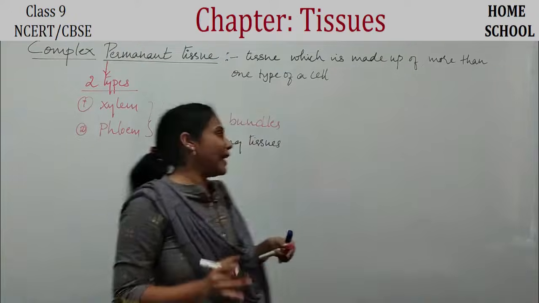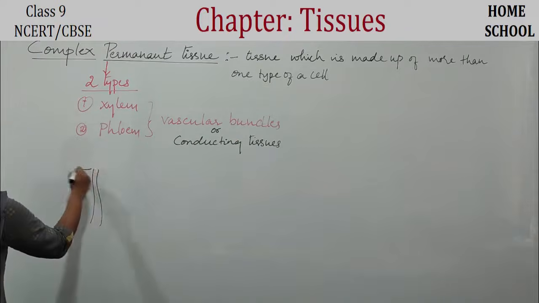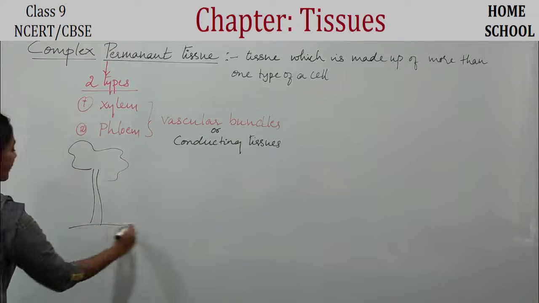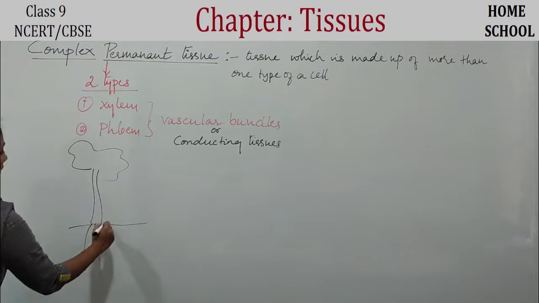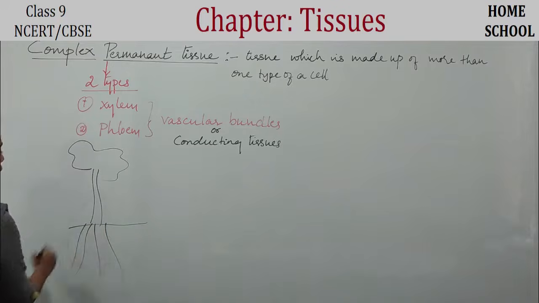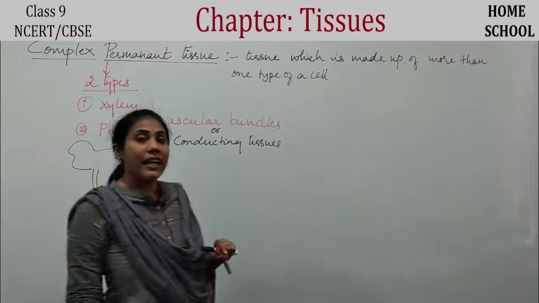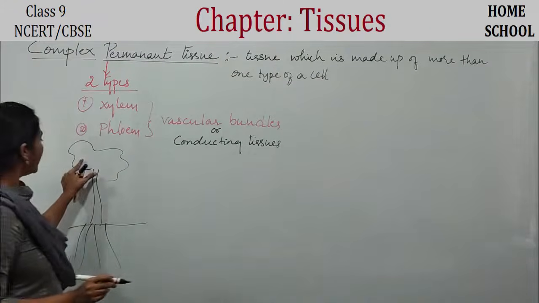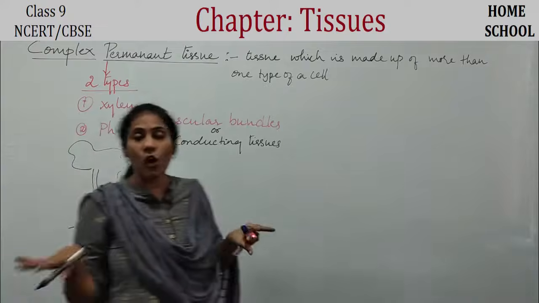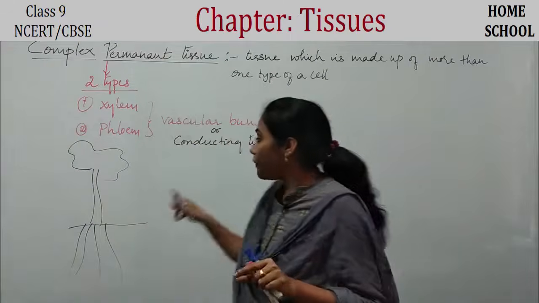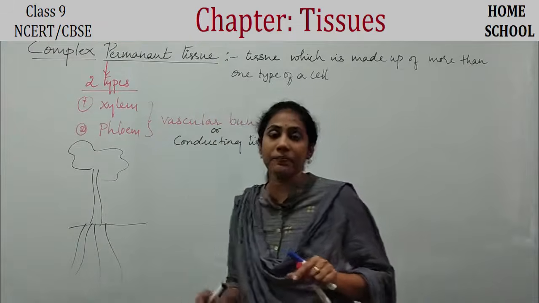So here in a plant body, imagine this is a plant or a tree which has a long bark, roots, and is full of leaves. And here water has to be passed from roots to all parts of a plant, right? And food also has to be passed from one place to another place.